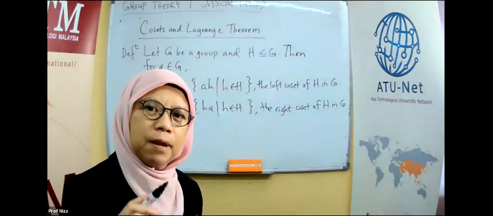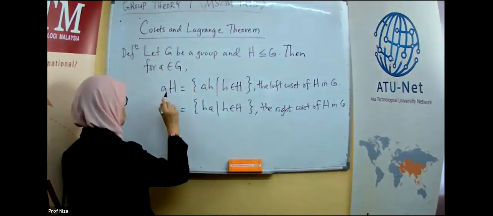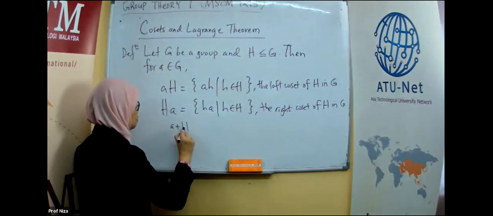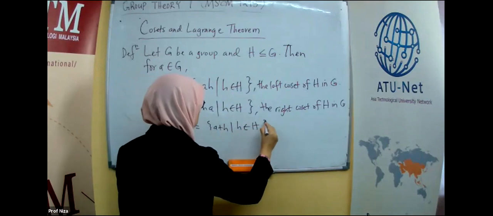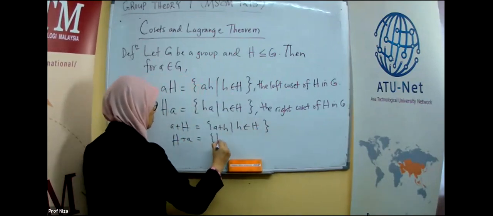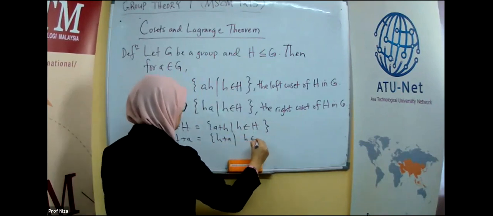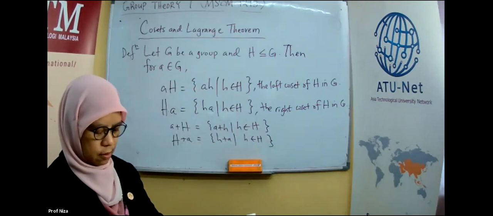If the operation is plus, then you put a plus. So there should be a plus here, and also on the right. Okay, so this is called the coset.